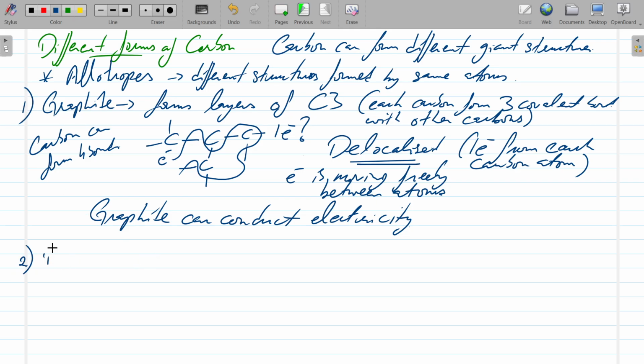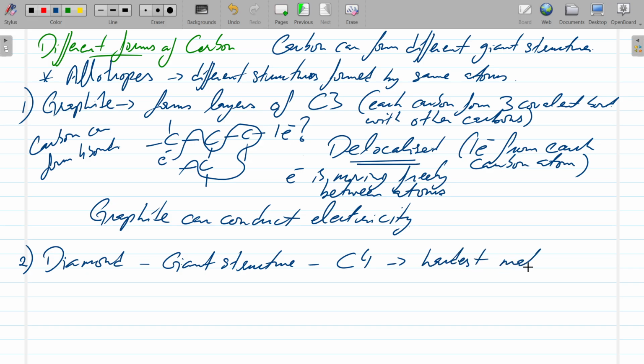Okay, that's surprising. So again, we know it's a giant structure, right? C4, right? And hardest material known. Right, as you can imagine, very high melting and boiling points.